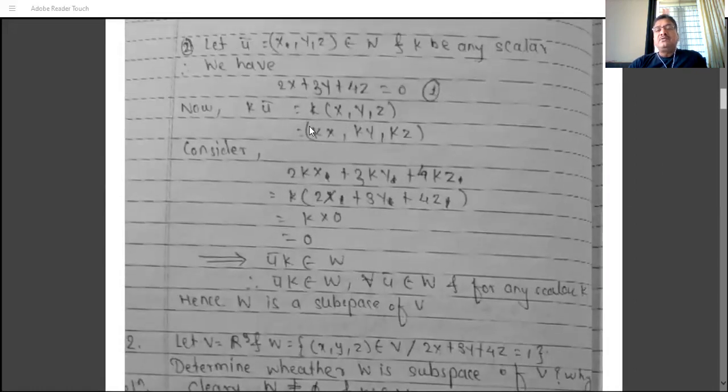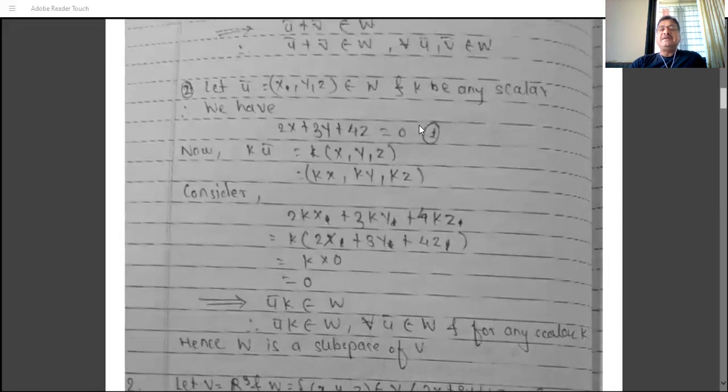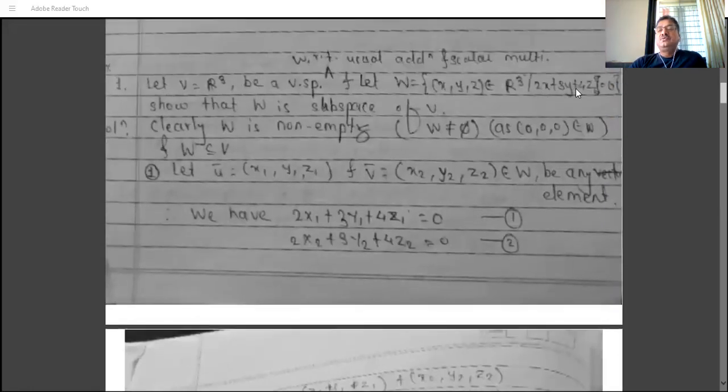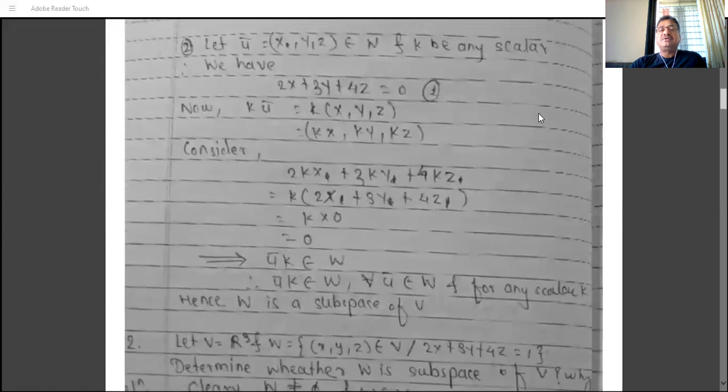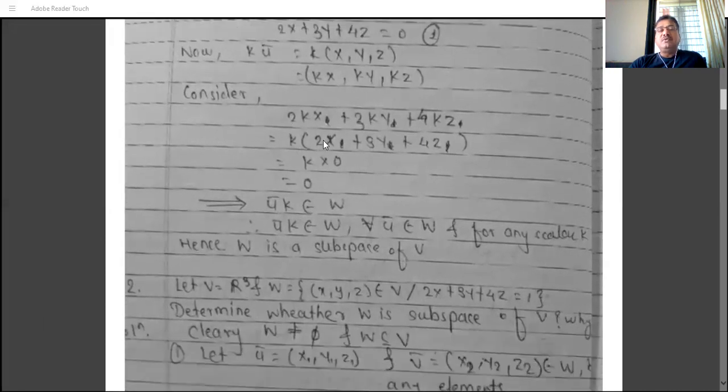Now we have to show this K U bar is an element of W, meaning this Kx, Ky, Kz satisfies the condition 2 into x plus 3 into y plus 4 into z. That is, we have to show 2 into Kx plus 3 into Ky plus 4 into Kz is equal to 0. So consider 2Kx plus 3Ky plus 4Kz.